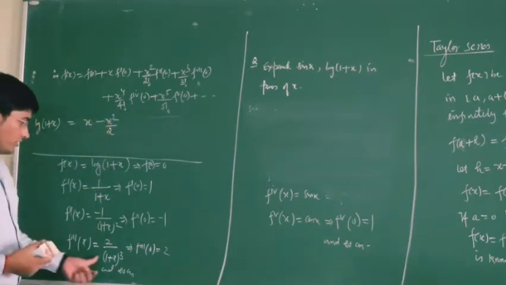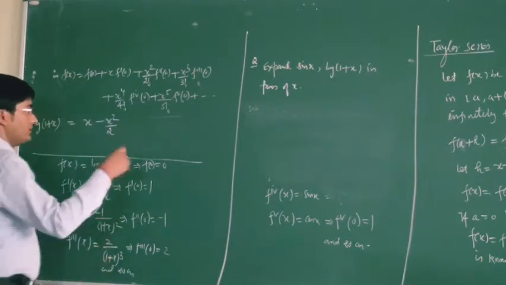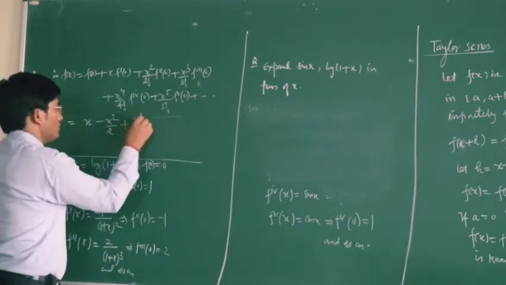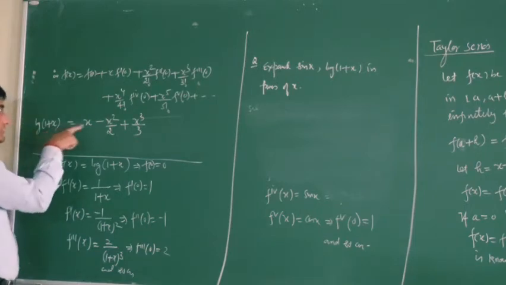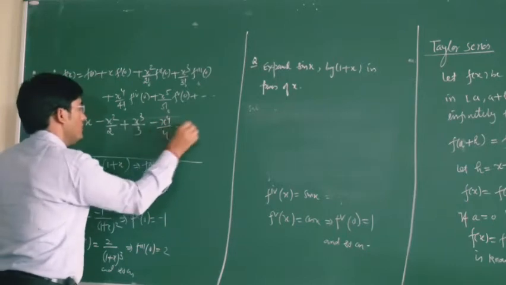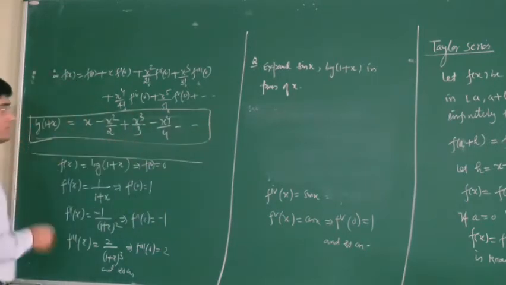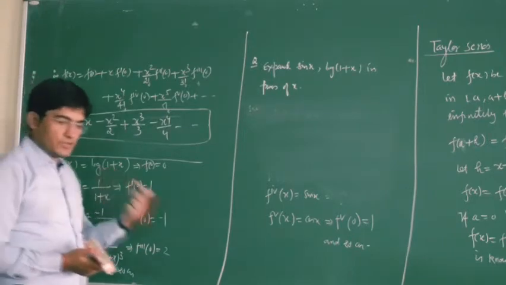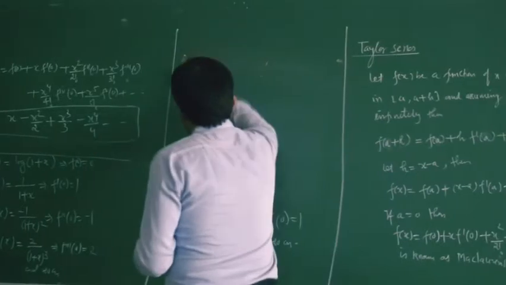Then your third order derivative is 2, so this will be 2 divided by 6, so this will be 1 by 3. So the expansion of log(1 plus x) is x minus x square by 2 plus x cube by 3 minus x power 4 upon 4, and so on. So this is the expansion of log(1 plus x). Similarly we can expand tan inverse x, tan x, and other trigonometric functions.